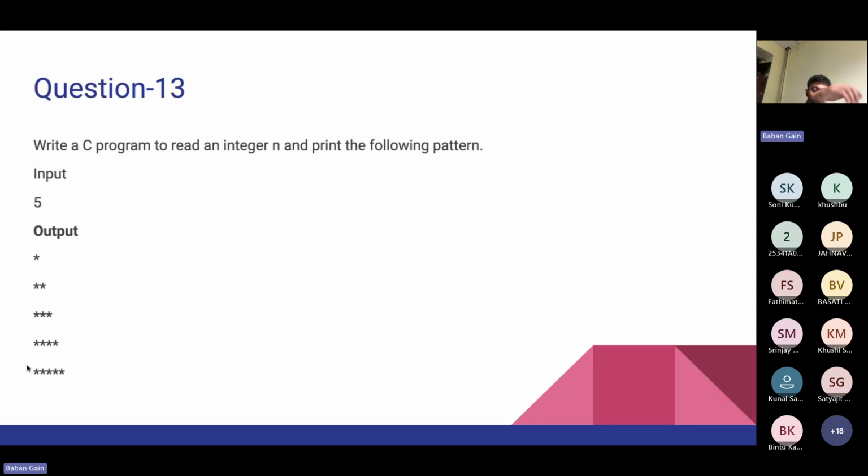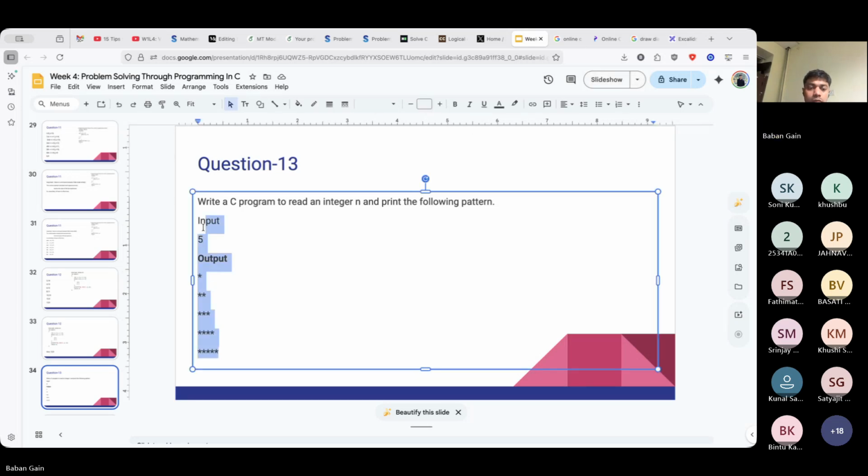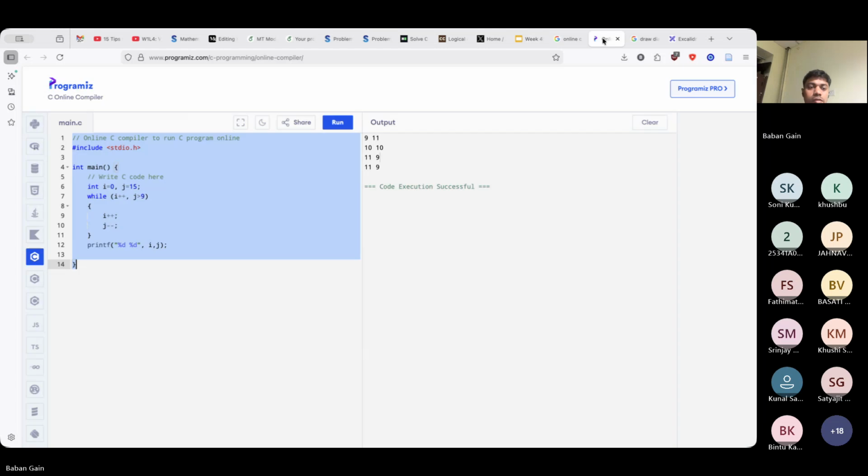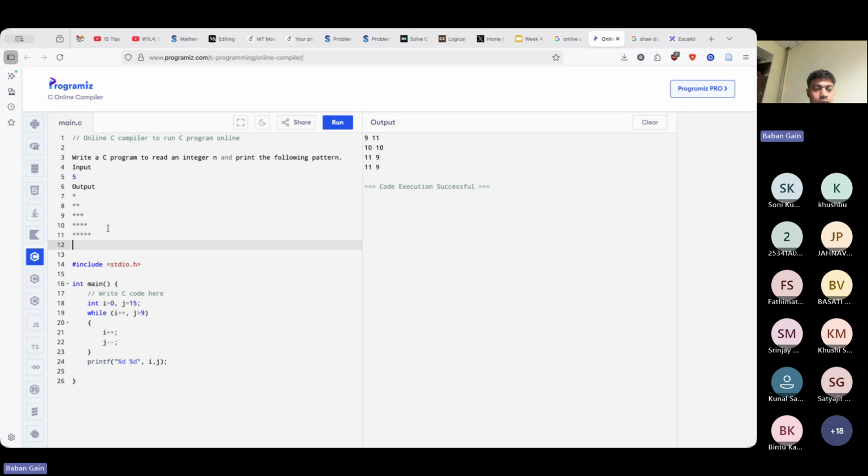Let's say I'm writing a program here. So this is the output we need. What should we write here?